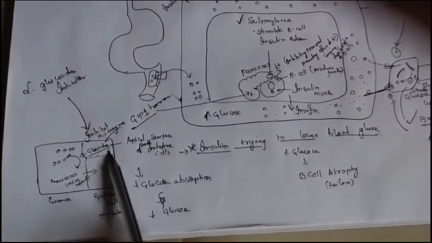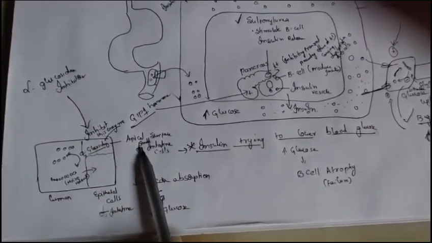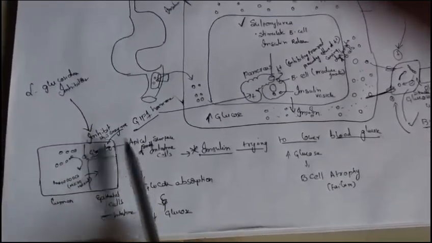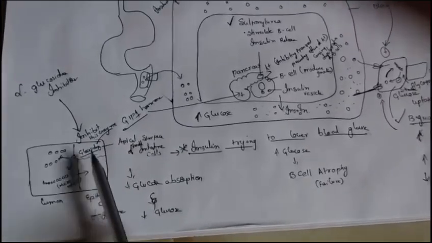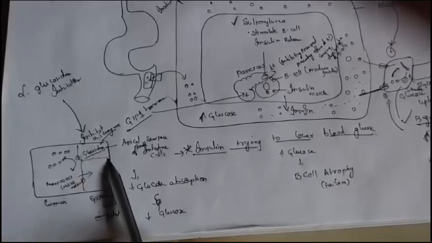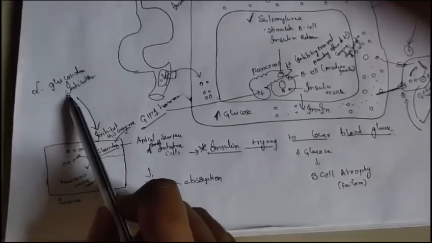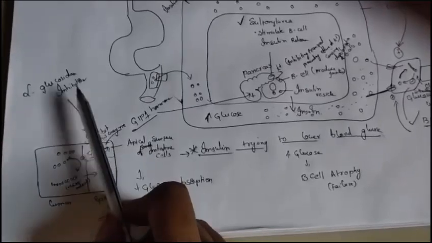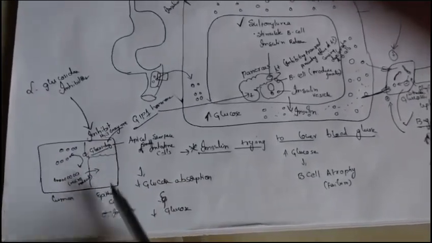Glycosidase is an enzyme present on the apical surface of the small intestine cells, and it helps in the breakdown mechanism. To inhibit this glycosidase, we administer the drug of choice, the glucosidase inhibitor, thus preventing the breakdown of the carbohydrate molecule into glucose.